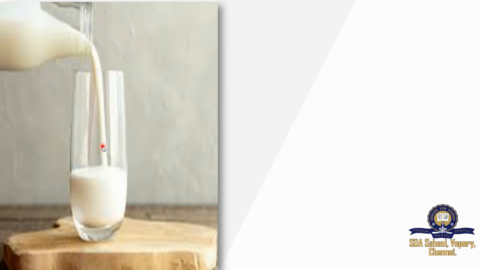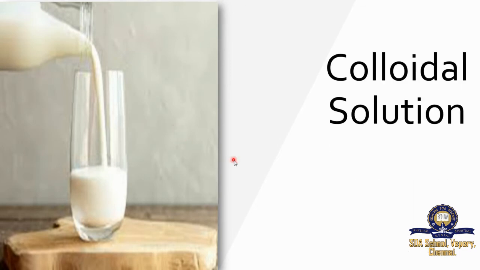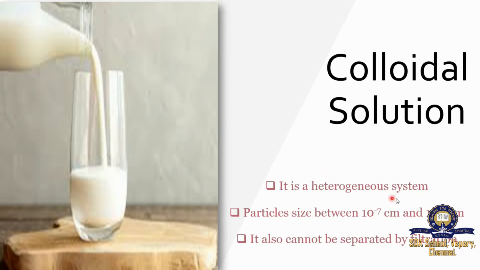And so milk is actually a heterogeneous mixture. This type of solution is called a colloidal solution. So this colloidal solution has some properties, like it is a heterogeneous system. So here milk is a homogeneous looking heterogeneous system, right?